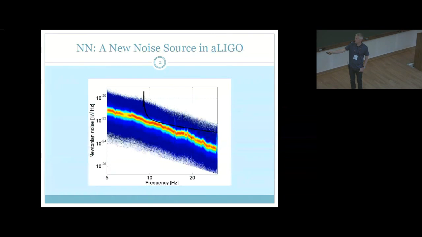That means 90% of the time, Newtonian noise will be below this line above the red region. That means 10% of the time Newtonian noise will be stronger, and we may, in the future, be limited, even in Advanced LIGO, by terrestrial gravity noise.